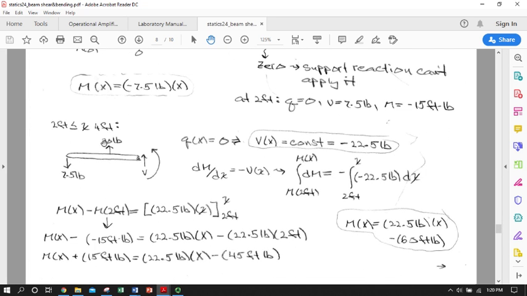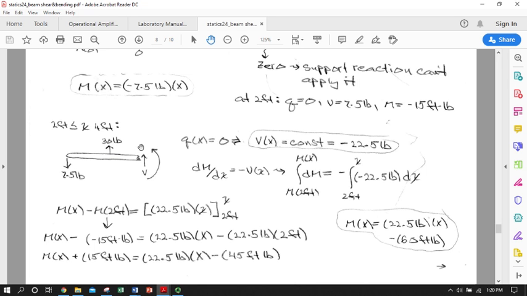So now I'm going to put myself anywhere between 2 feet and 4 feet, including the 2-foot limit, which has my 30-pound point load. Q sub x is still 0. So V sub x is going to be a constant, and I can evaluate that without doing an integral, simply by saying V sub x is a constant everywhere and applying the conditions of equilibrium.